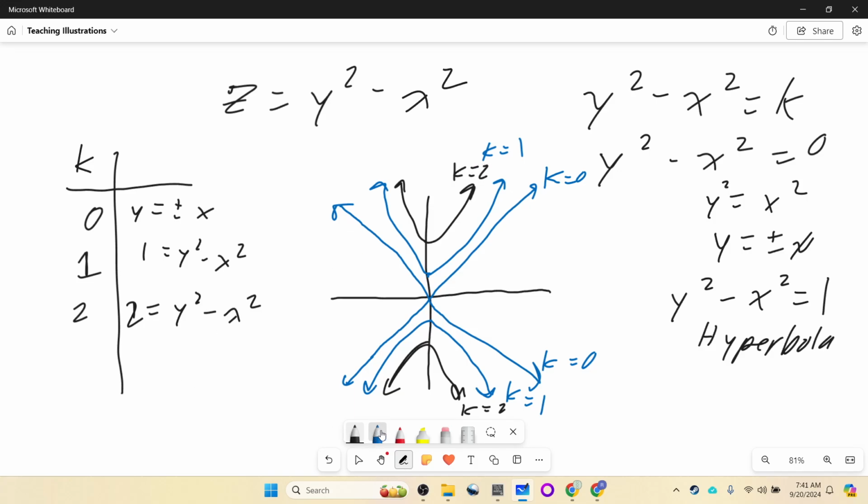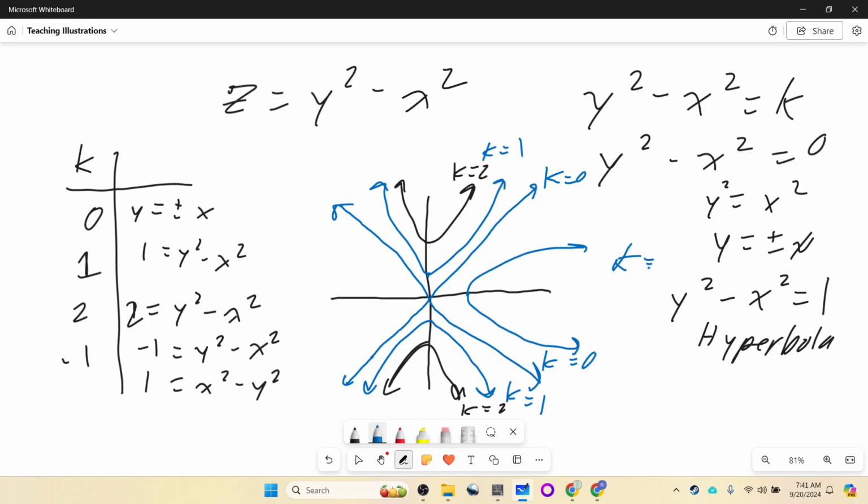What about negative values? Can we get negative values? Well, if we put negative 1, we get negative 1 is y squared minus x squared, which we rewrite as 1 is x squared minus y squared. That's also a hyperbola, but in this case x has to be greater, so it's going to open to the right and the left. So there's k is negative 1, and k is negative 1 over there too.